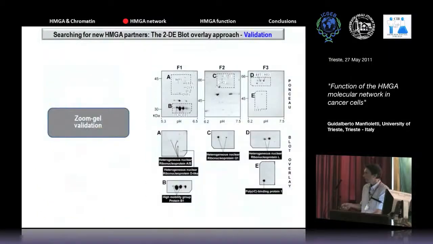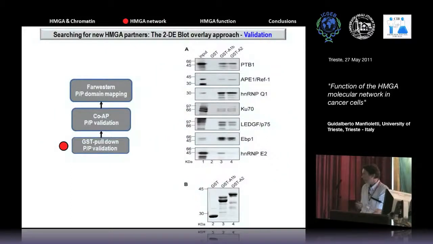for the others. Later, we validated the interactions using high-resolution 2D gels, which is also called zoom gel. And as you can see in this example, we could validate all the partners identified. To validate the approach, we selected some of these partners, and we have done GST pull-down experiments.